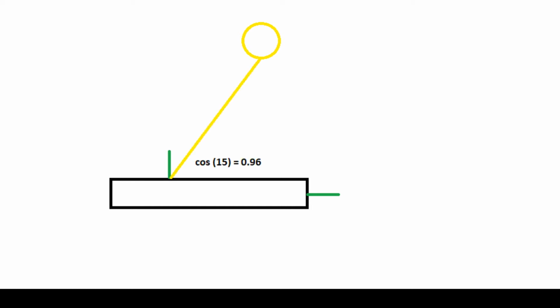And when our light comes down and hits the normal, it creates an angle with it, and here we assume that it's an angle of 15, and when we use cosine we get a number between 0 and 1. With this angle we have 0.96, meaning that there's light hitting it, and we could see that it's evident because our light is hitting directly onto our normal.